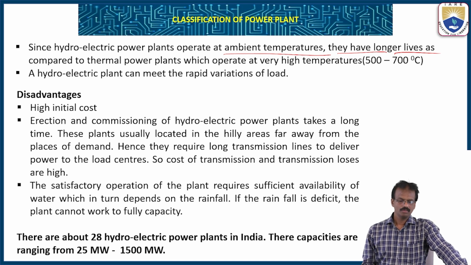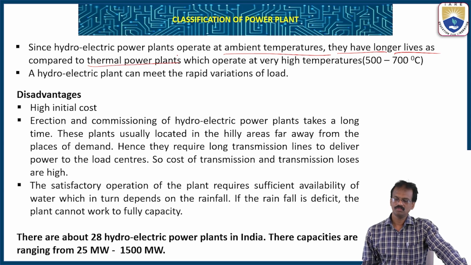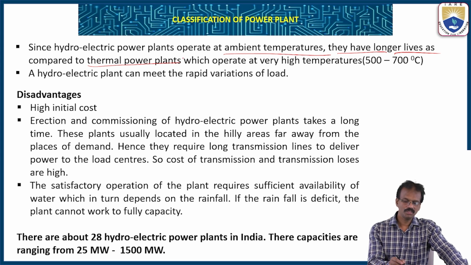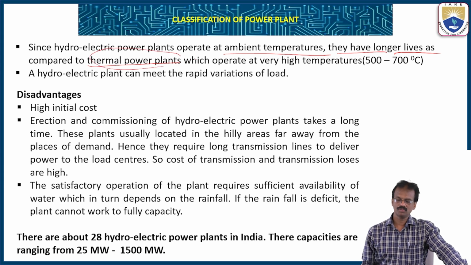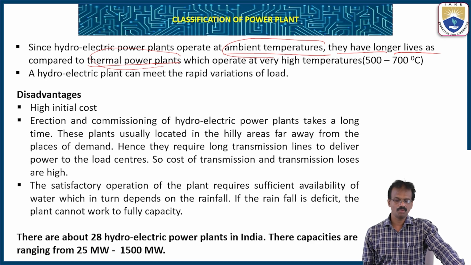You know this because in a thermal power plant, the components have to face high temperature, because combustion takes place. But here there is no combustion, so this process works at ambient temperature. So there is no need for the components of this power plant to face high temperature.